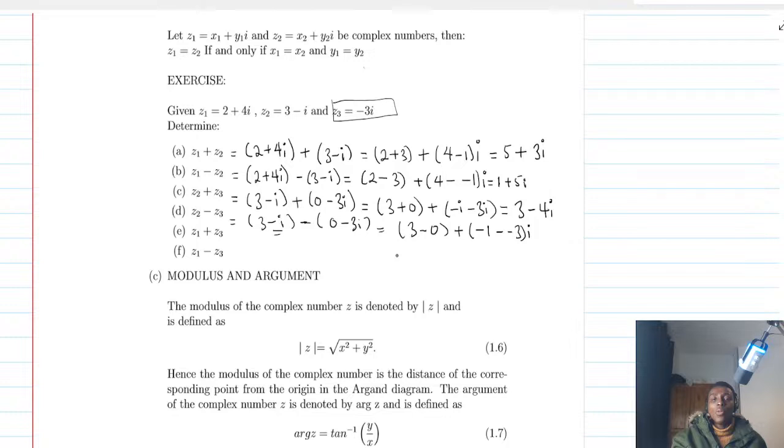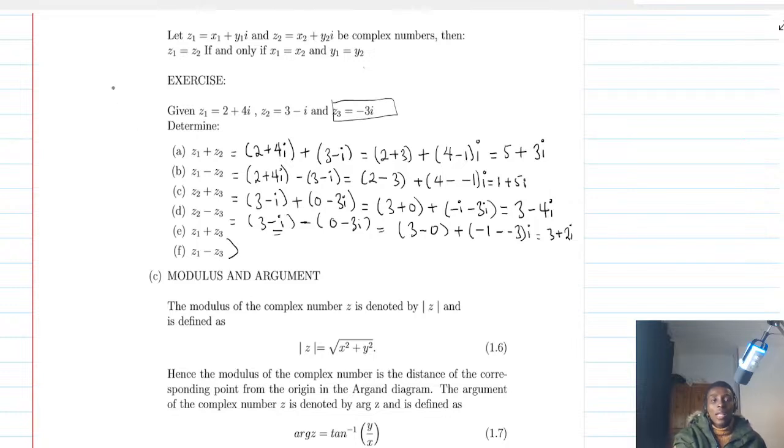So it's going to be 3 plus what? 2i, because minus 1 minus 3 is actually 2. Okay. So I hope you can do the rest here. The idea is to review addition and subtraction of complex numbers with you. All right.